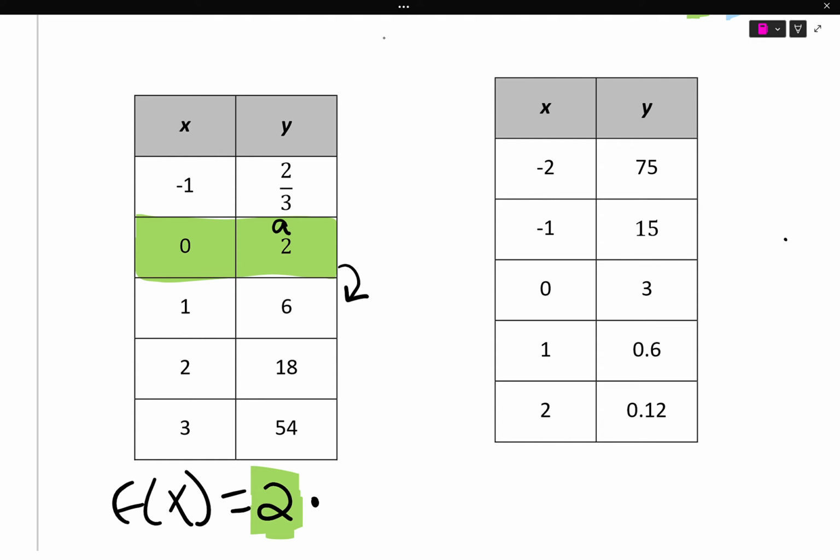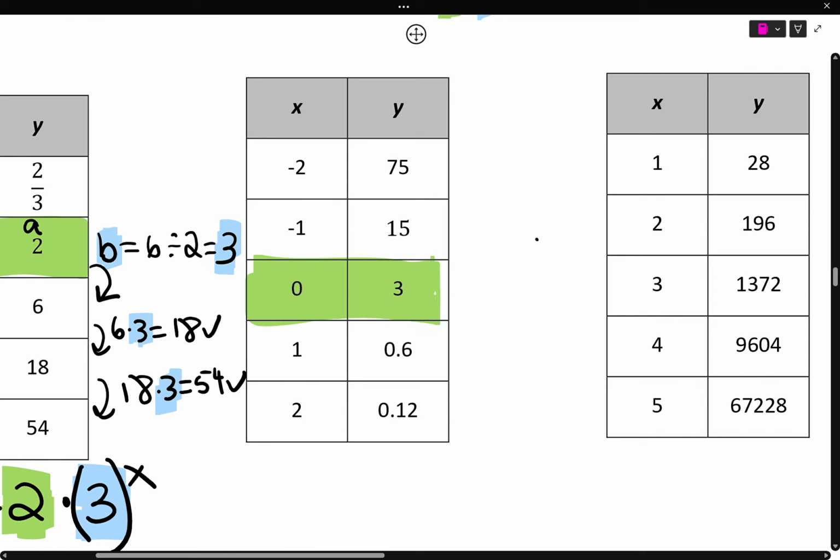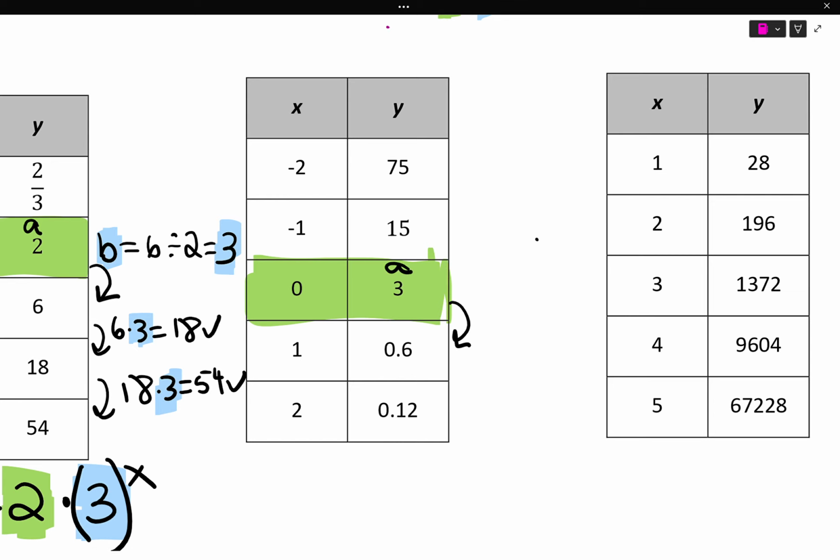All right, second table. Once again, we have 0, 3. There's our A. Now let's find out what B is by doing some division. To find B, I'm going to do 0.6 divided by 3, and I get 0.2.